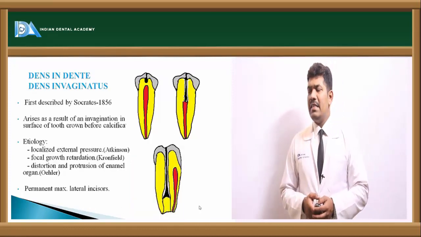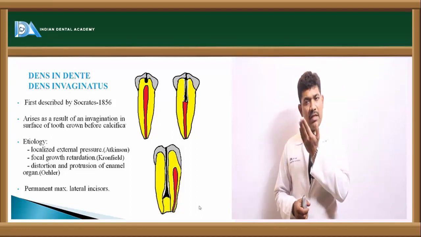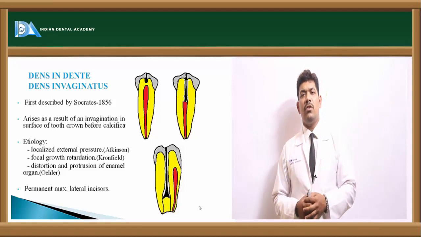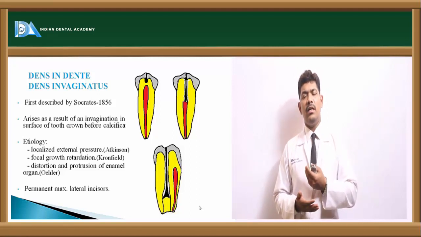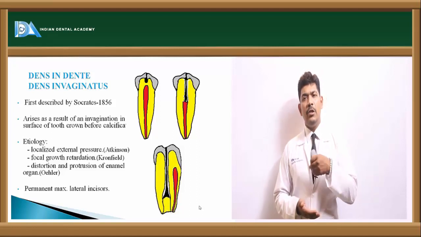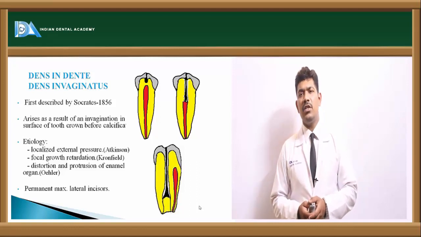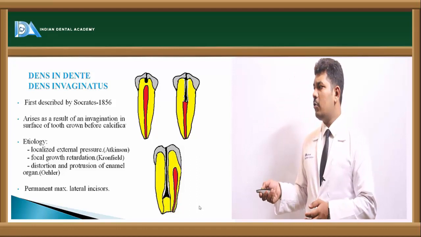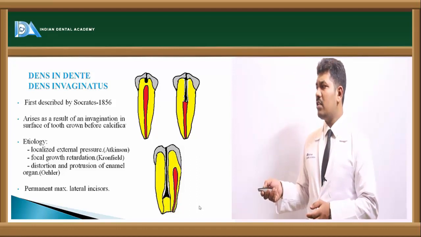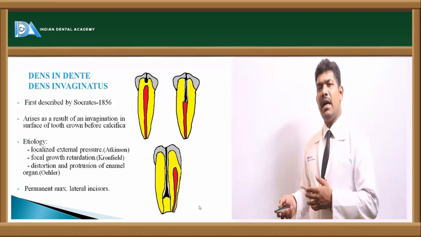Now we have dens indentate, also called dens invaginatus. What happens here is there is invagination of the tooth structure, both the enamel and the dentin, into the original tooth structure before the process of mineralization takes place. So what we find here is a normal tooth structure wherein the invagination has occurred from the occlusal end into the tooth structure, which has normal enamel and dentin also.